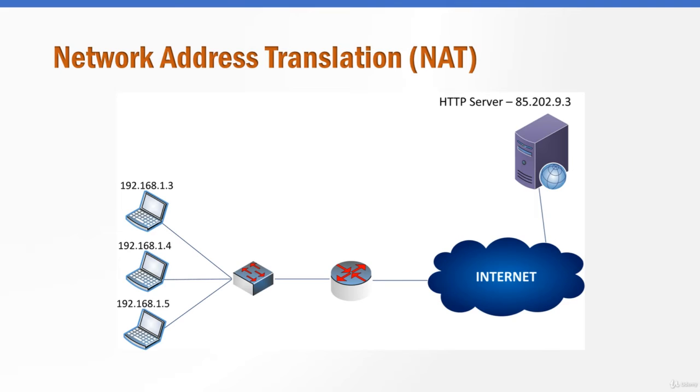For example, these three computers are going to use one public IP address to go out to this HTTP server, or web server, in this example. So this server is going to see all three of these computers coming from a single public IP address. This is how that's achieved. We have a private interface on the router.